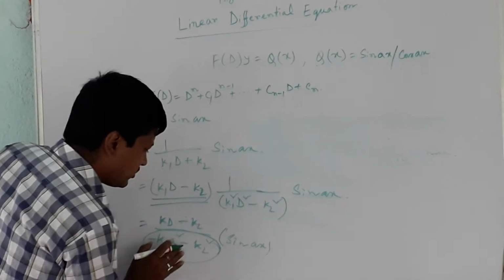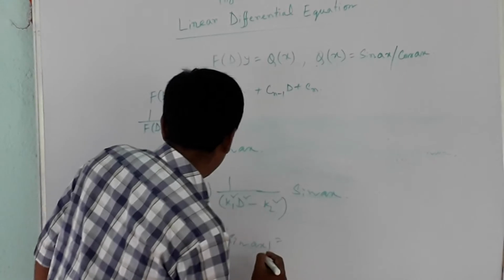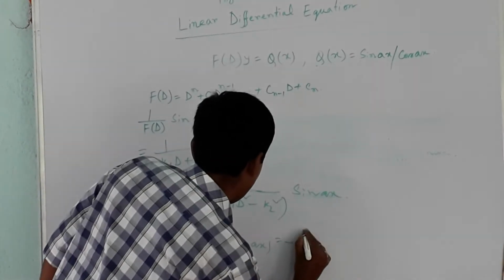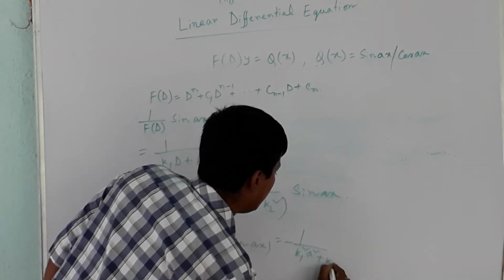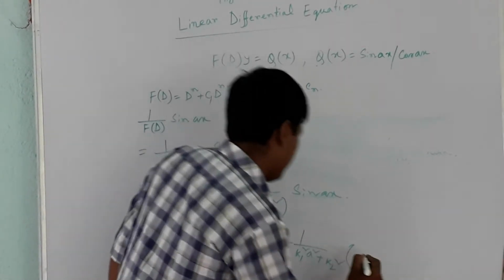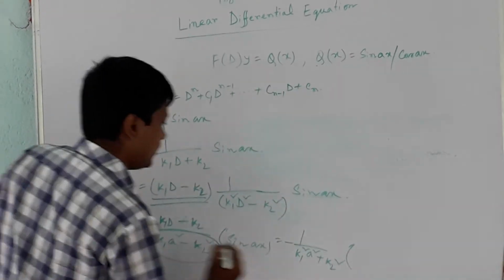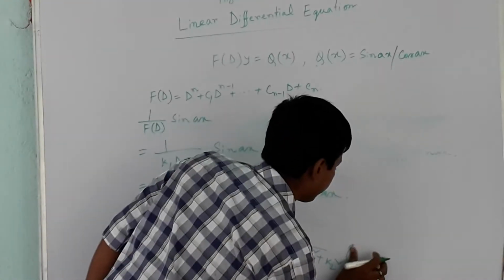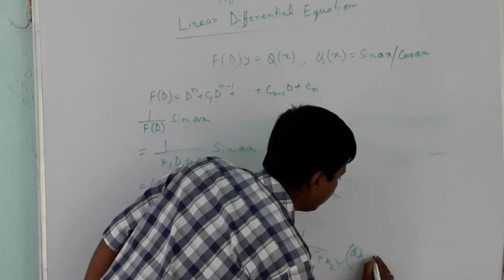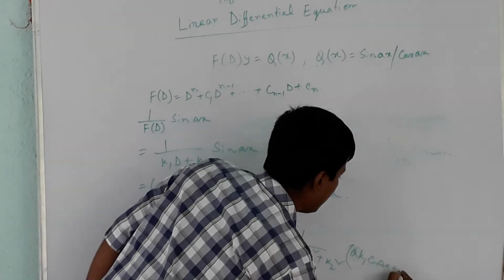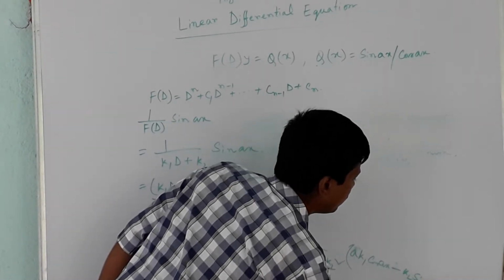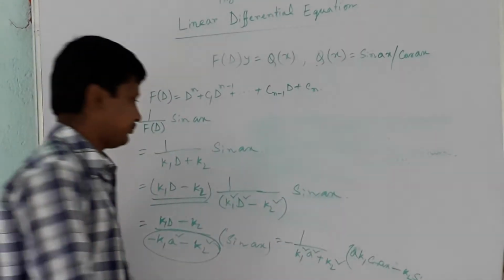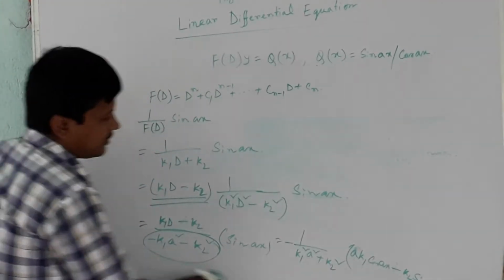Now we consider that this is not equal to 0, and so its solution is minus 1 by (k1 square a square plus k2 square) times (k1 a cos ax minus k2 sin ax). So this is the particular solution.